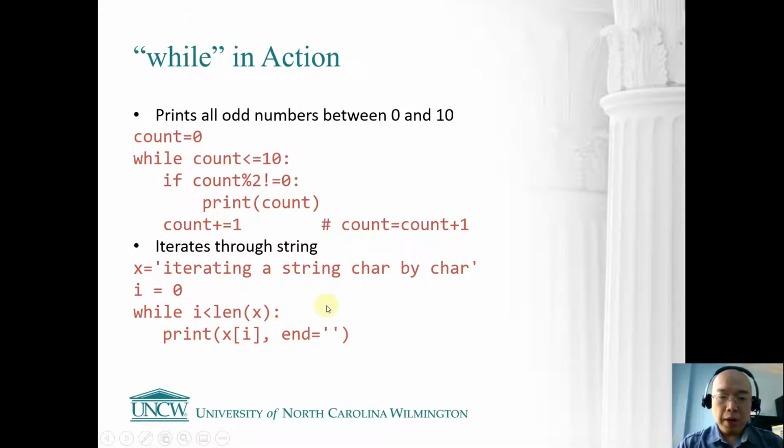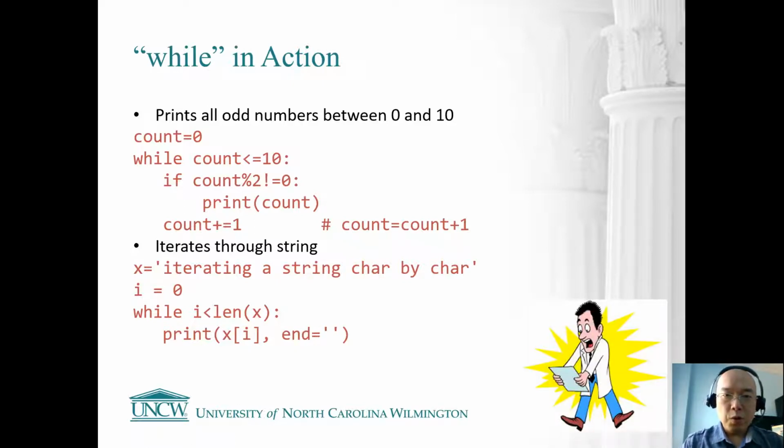And end equals the empty string means I don't want to do a line break yet. My goal is to visit all the characters one by one, and for each character I visit, I'm using i as the index to print the current character.